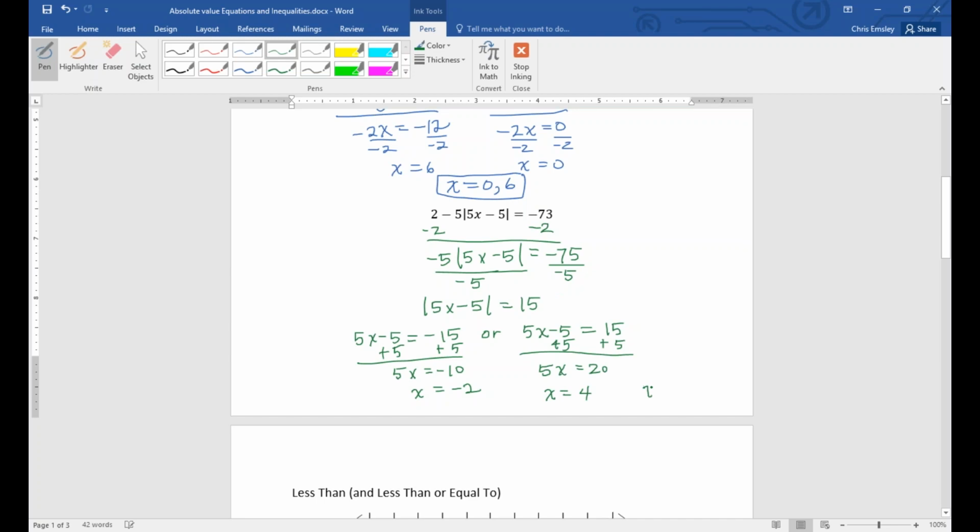So for this second equation we worked on, x could either be equal to -2 or +4. Okay, so the key thing to remember on these equations, first get the absolute value part by itself, then rewrite it, and that's where the plus and the minus part come in. When you rewrite it, you get the positive and negative versions of your constant right here.